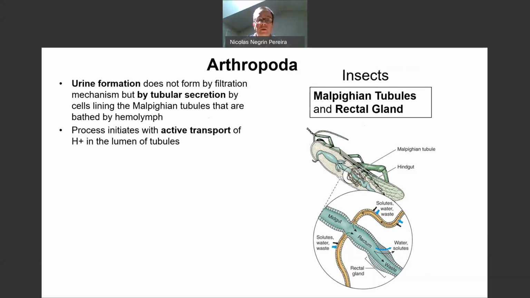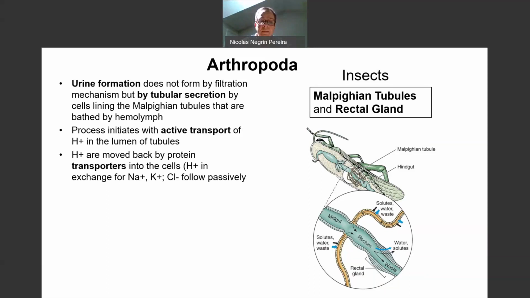So the urine is not formed by a process of filtration, but by a process of tubular secretion by these cells that line the Malpighian tubules, and they are actually blind.